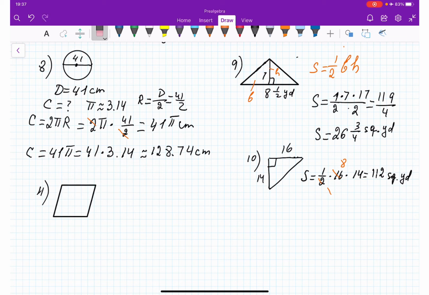Okay, not bad. This is going to be our height, and it's going to be 6.75 in this parallelogram. And the side is 7 feet. And obviously, since it's height, it forms a right angle.